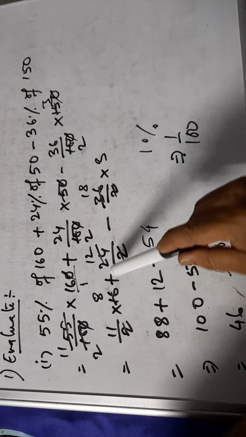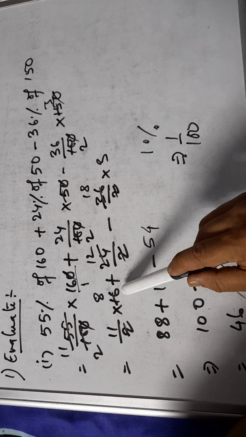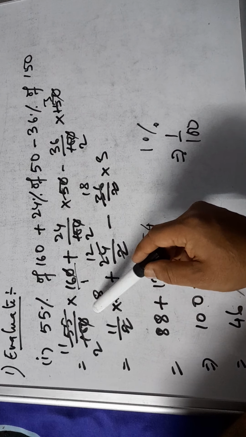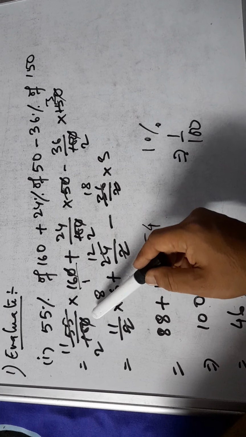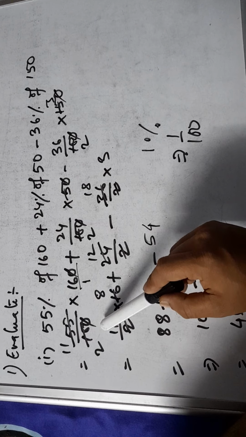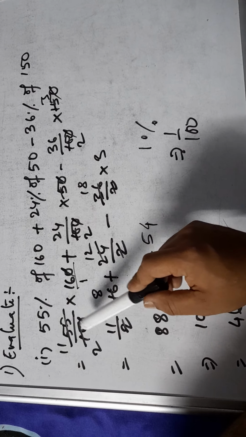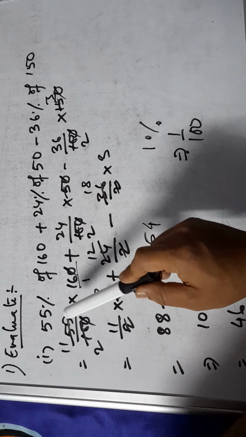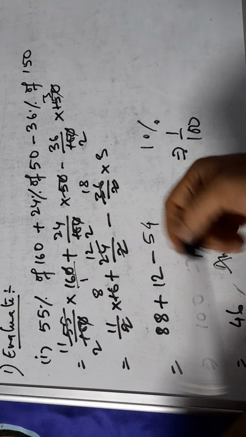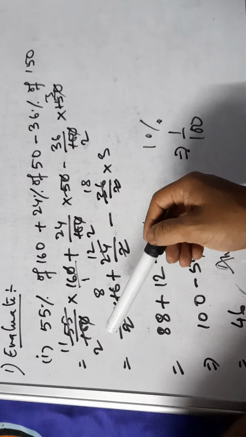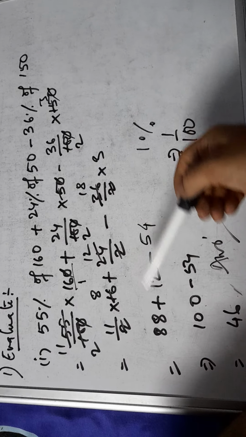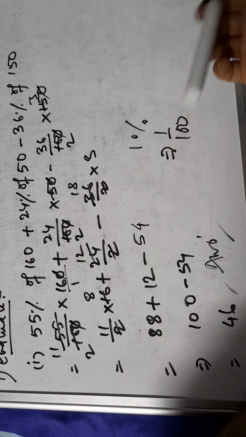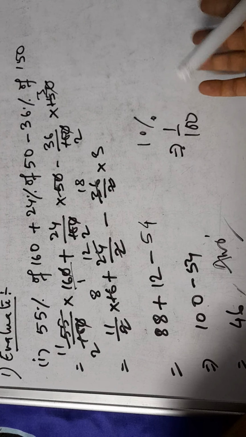Now you can see how 11 by 2 into 16 came, because we can cancel the numerator and the denominator. 0 0 we can cancel, and the remaining part is 55 by 10. We can cancel the numerator and denominator with the same table. When cancelling the numbers, start from the 2 table, don't randomly take any table.